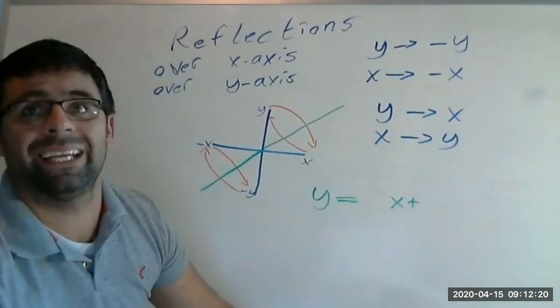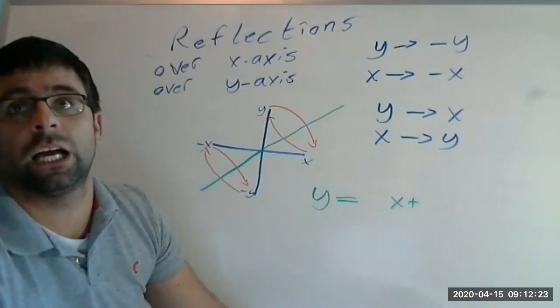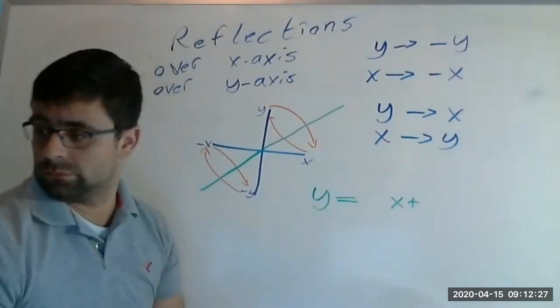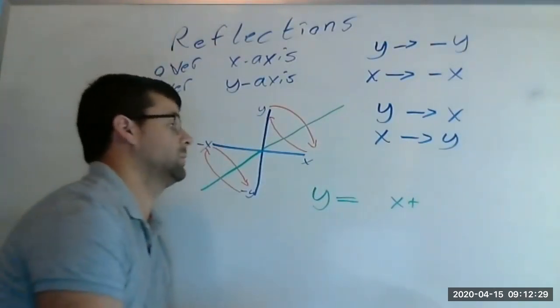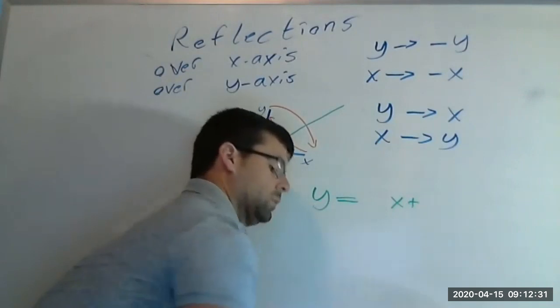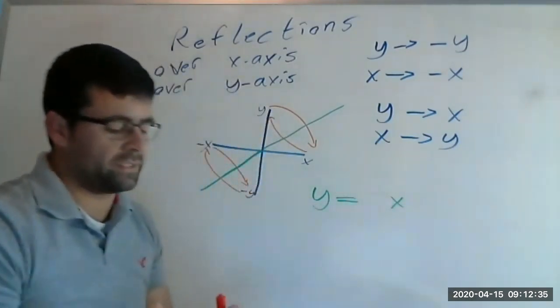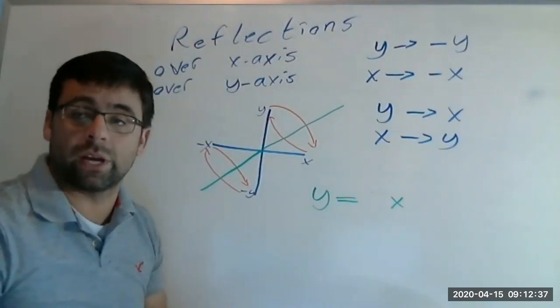What is the y-intercept of the green line on this graph? 0. So plus 0 just becomes nothing. And what is the slope of this graph?